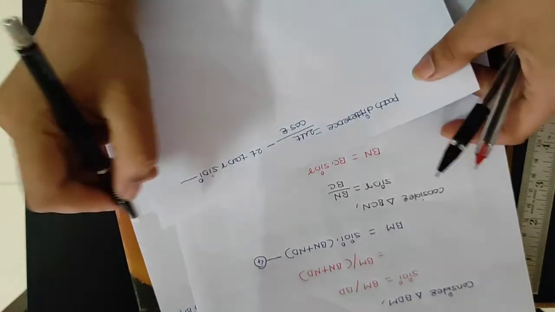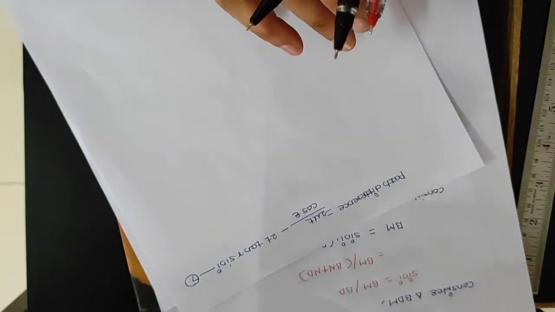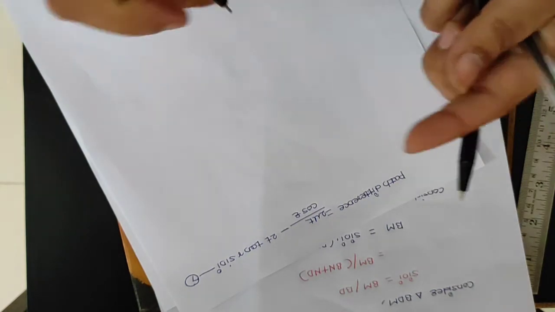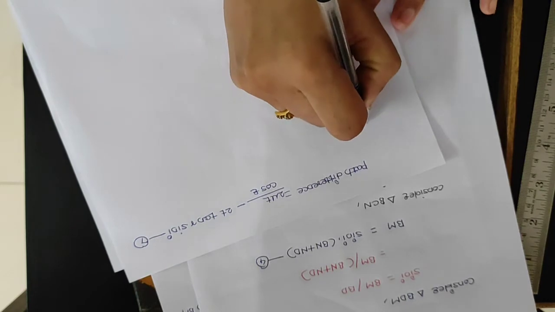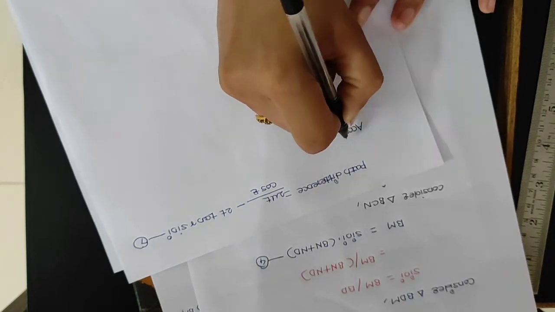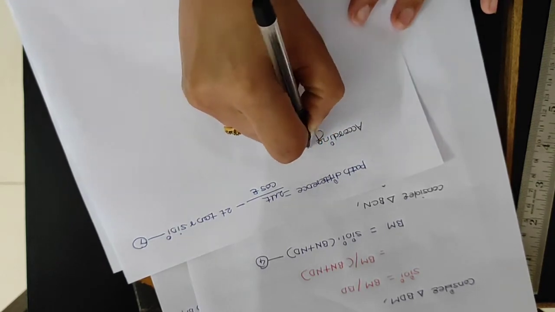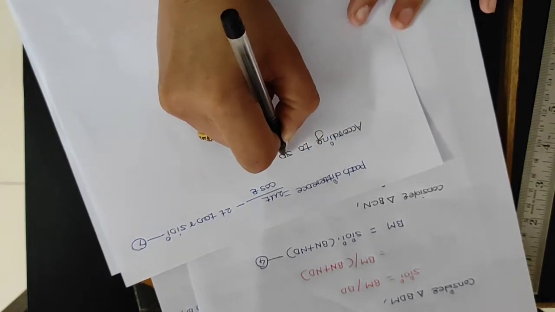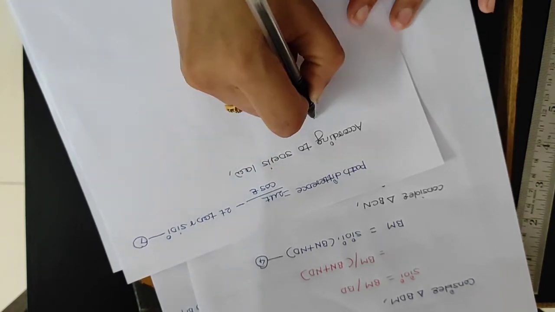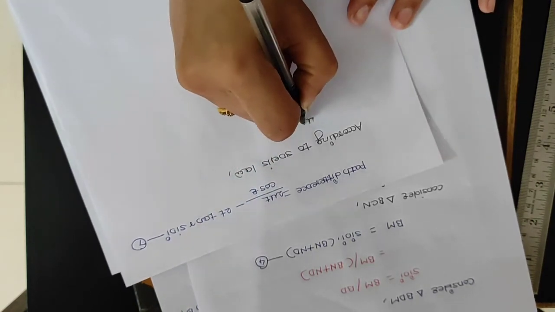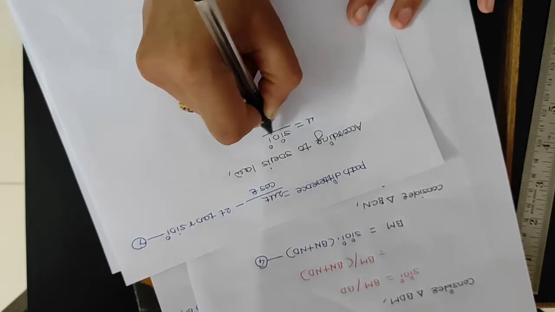Give next equation, equation number 7. Okay, now after that we know Snell's law, and therefore according to Snell's law, we can write mu is equal to sin i divided by sin r.